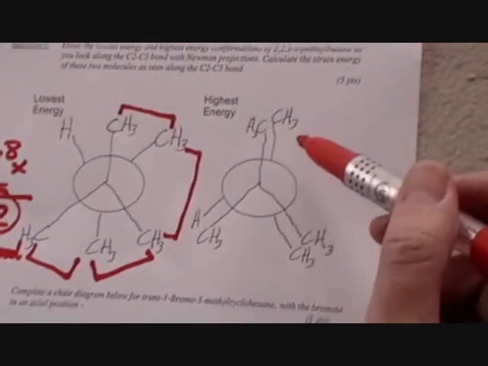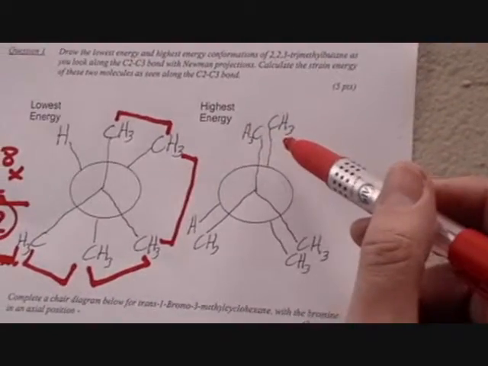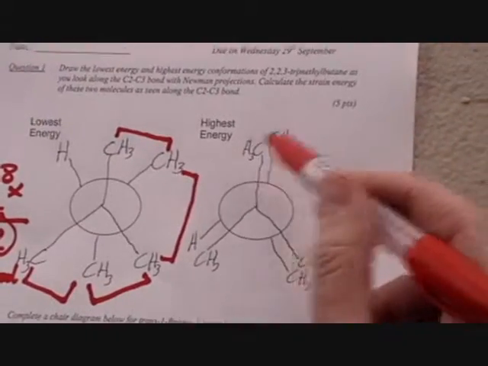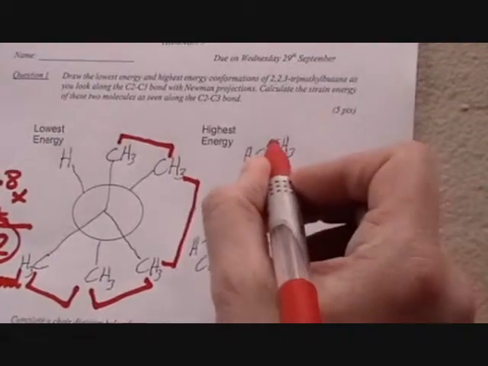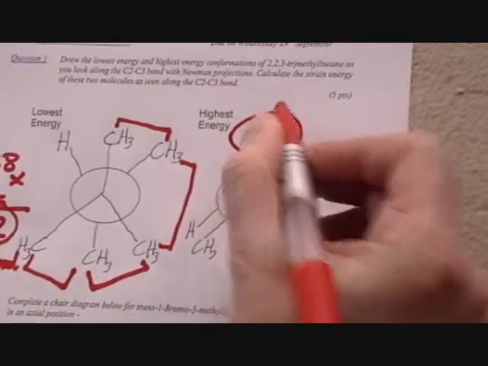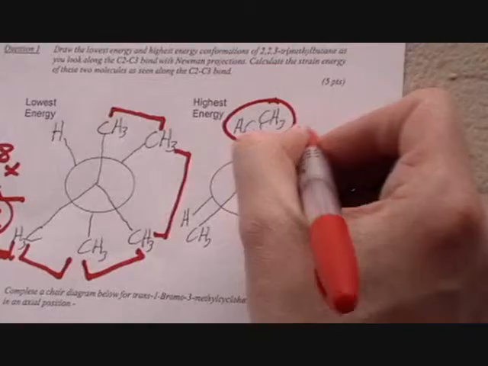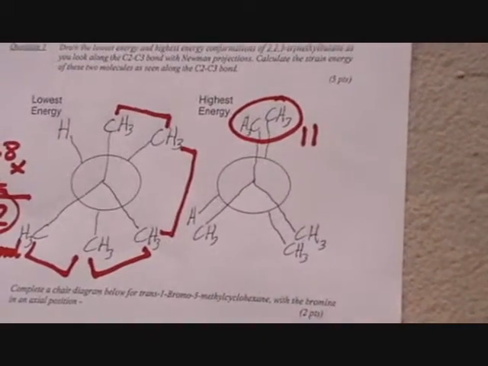When we look at the high energy conformation, we're looking at the bonding pairs of electrons being eclipsed behind each other, and therefore the atoms are eclipsed behind each other. We have a CH3 to CH3 interaction there, which is of course 11 kilojoules per mole of energy.